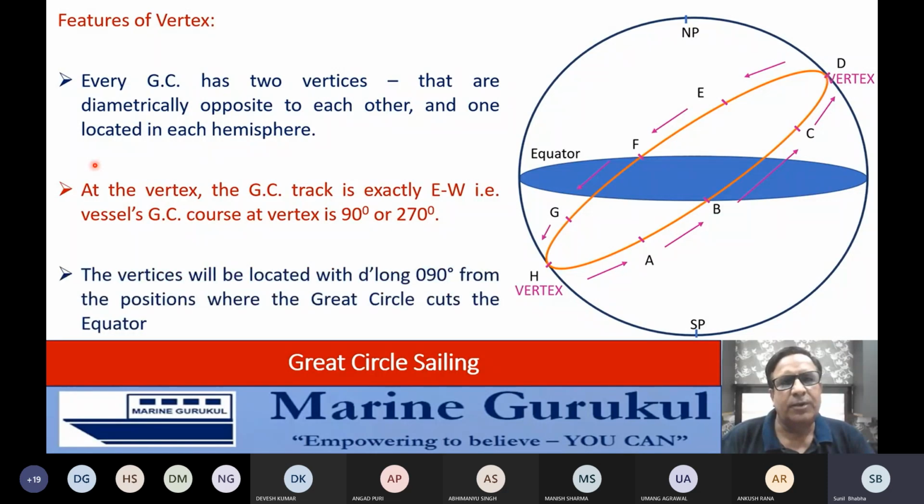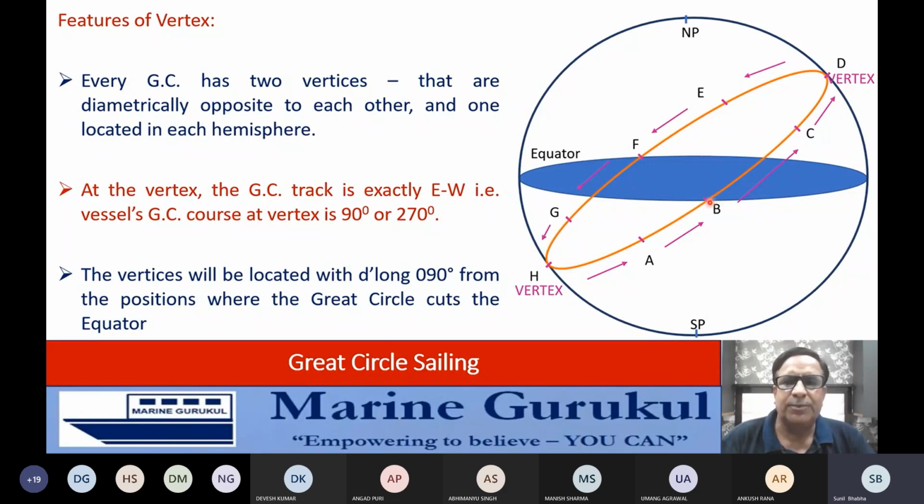The vertices will be located with a D long of 090 degrees from the positions where the Great Circle cuts the equator. Now, this Great Circle is cutting the equator at point P and point F. Vertices are D and H. That means D long between B and D is 90, D and F is 90, F and H is 90, H and B is 90. It's very simple to understand that.